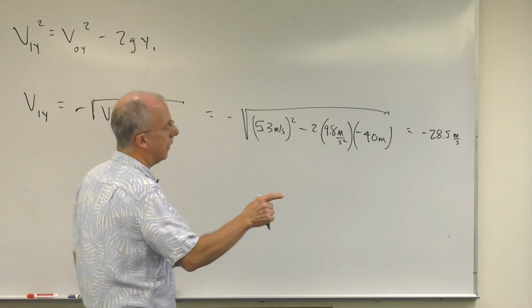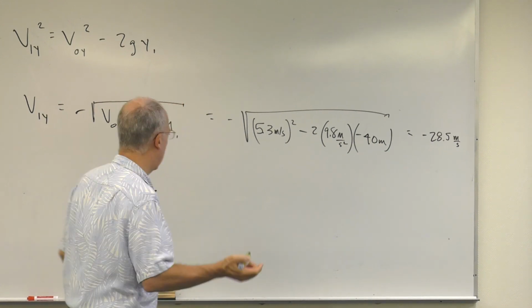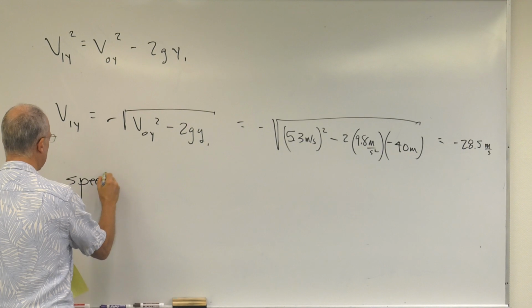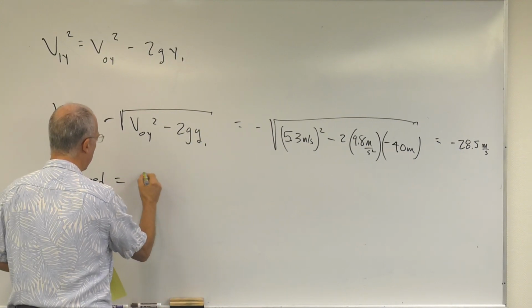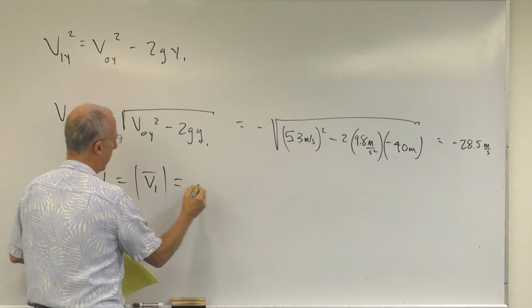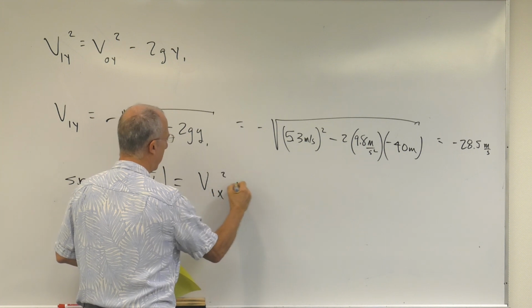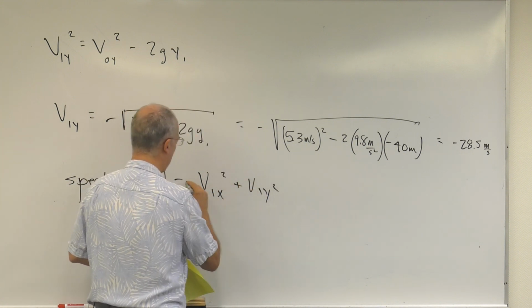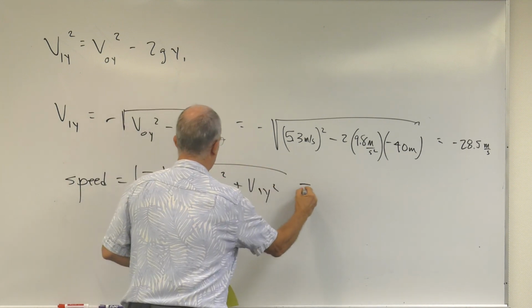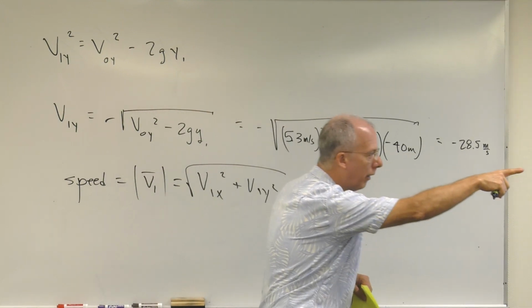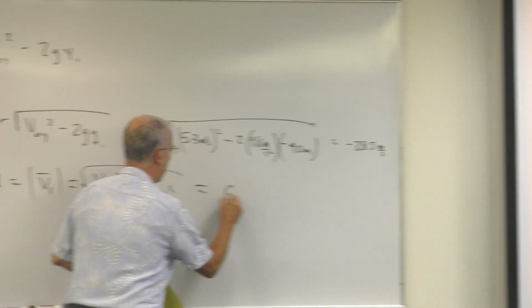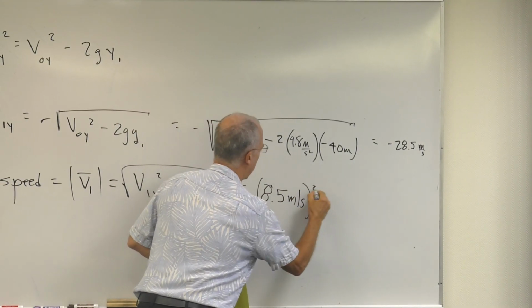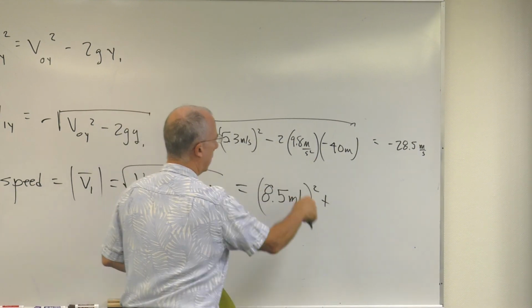Okay, so first of all, we want to get the speed, then we want to get the direction. So the speed is just the magnitude of v1. And that's the square root of v1x squared plus v1y squared. So again, v1x, just look over here. Where is it? 8.5. And then we just figured out v1y, 28.5.